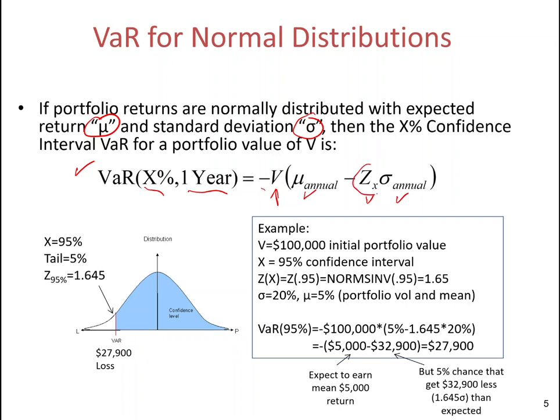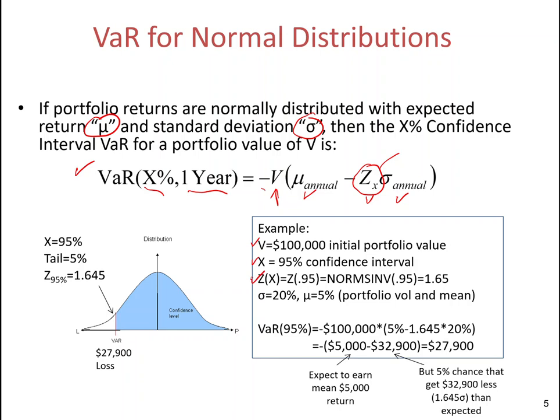So let's talk about this Z of X. Z of X is the critical Z value associated with that confidence interval. For example, say your portfolio value today is $100,000. You're looking for the 95% confidence interval VaR.